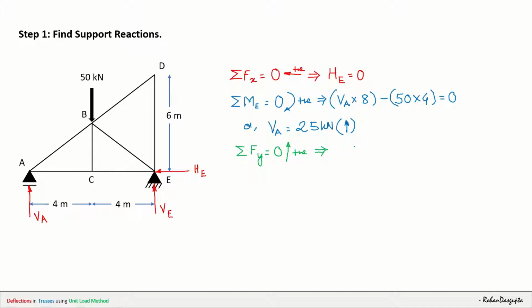So we will get that VA, already we know the value of VA is 25. So let's write that as 25. Then minus 50, the 50 kilonewton acting downwards, plus VE is equals to 0. Or VE will be equals to plus 25. And since it is plus, therefore our chosen direction of upward is correct. Okay, so here we have got the support reactions.